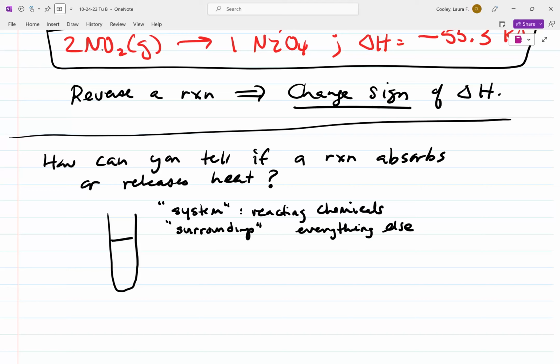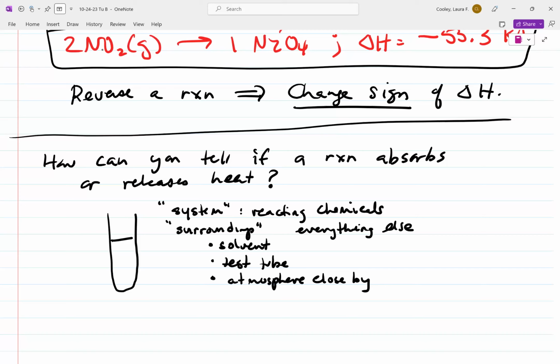But we don't care about everything else. We don't care about the moon and about Melissa sitting over there in a chair when the test tube is over here. There are certain things that we care about in the surroundings, like the solvent, the test tube, and in many cases, the atmosphere that is close by.